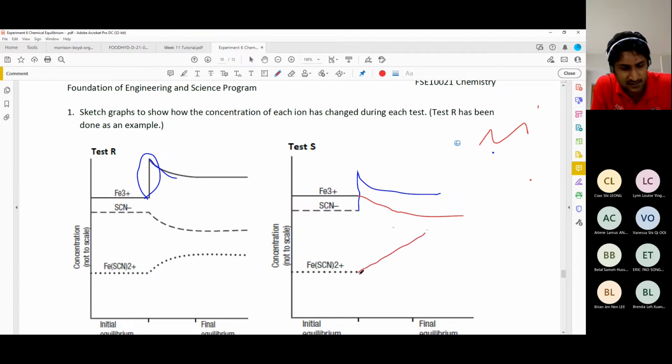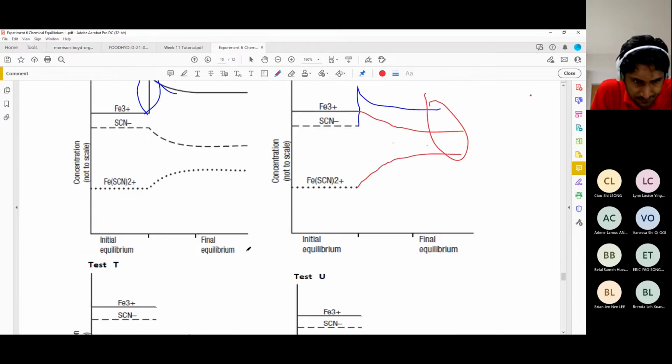It's not that much, but it started to increase slowly because both of them are decreasing. So iron thiocyanate should have increased in this way, not that much. It starts to increase, and then it goes to equilibrium. That means it goes flat. This position becomes flat. That means they reach the equilibrium again.